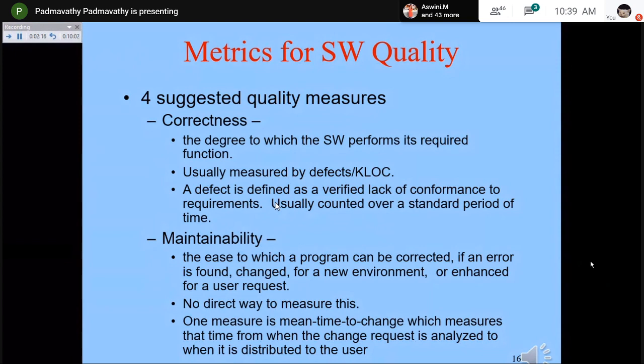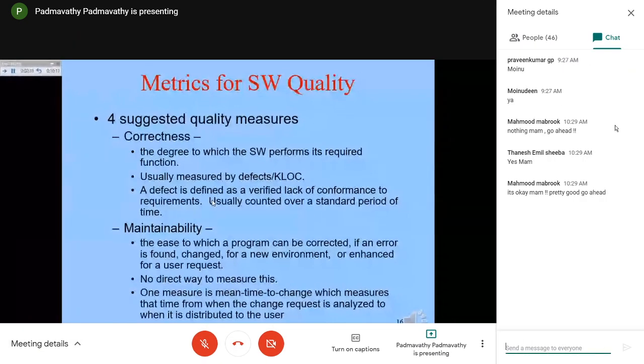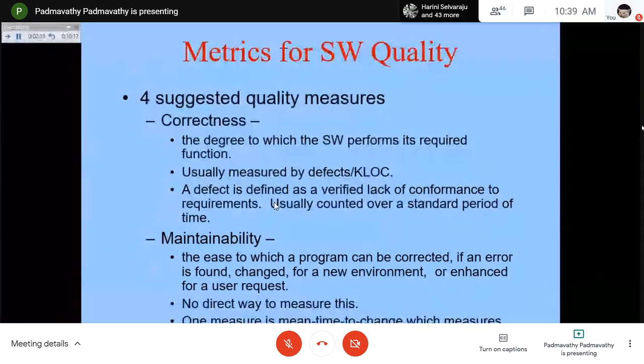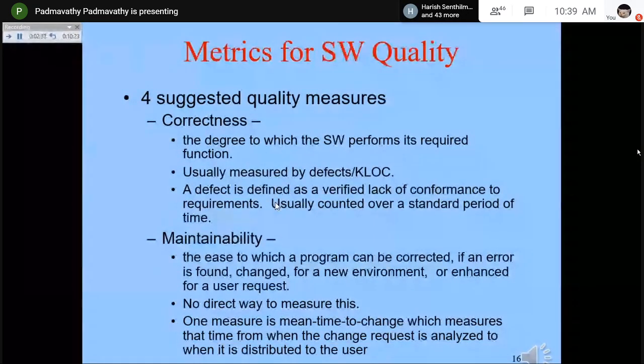A new programmer. When he opens the project, he should easily understand where he has to make the change. The way the software is developed, the files and modules are designed, and the variable names are given should be easily understandable by a new person, so that he is able to continue with this project. That is known as maintainability.